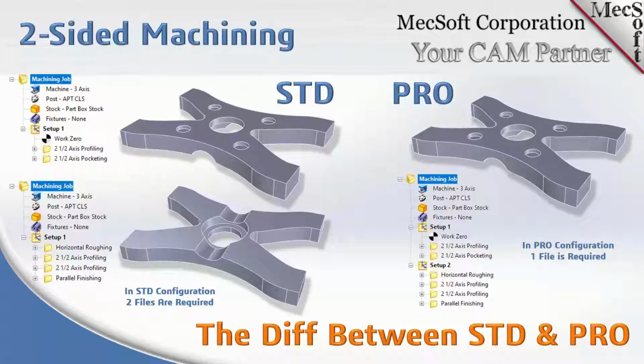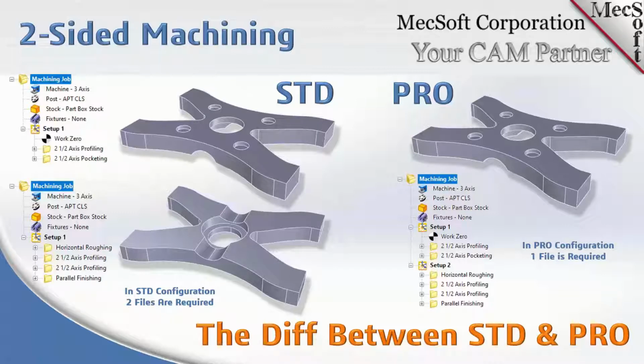So the part in that orientation can only be machined from the top side in that file. So basically, you have to save out the file to a second file, which would be the opposite side, and then in that opposite side file, you'd have to physically flip the part over, redo the stock parameters, alignment, etc., and machine the second side.